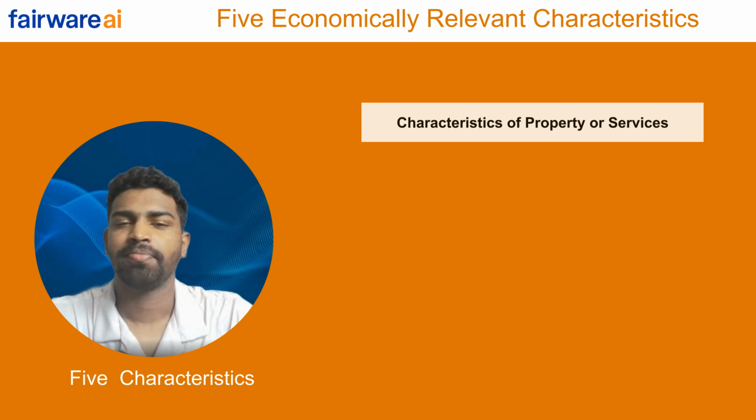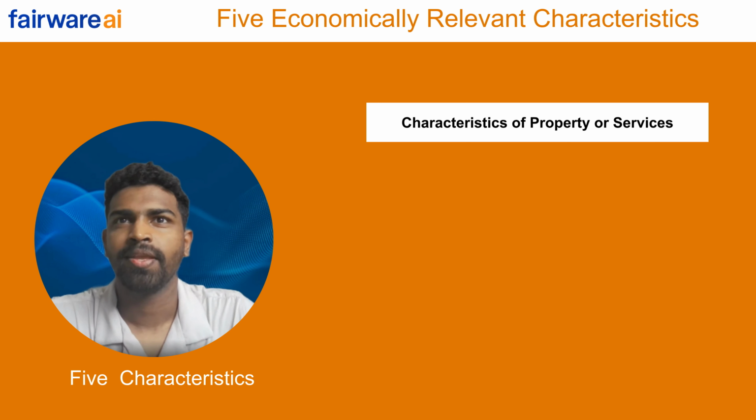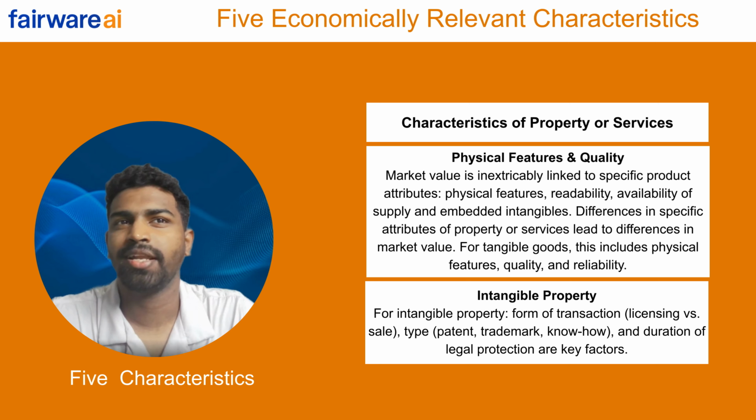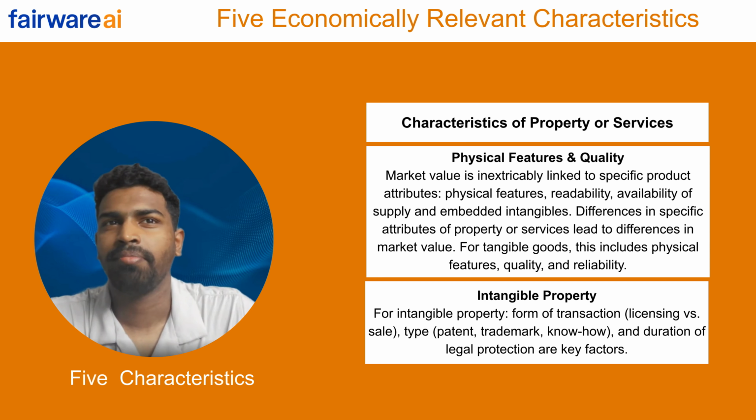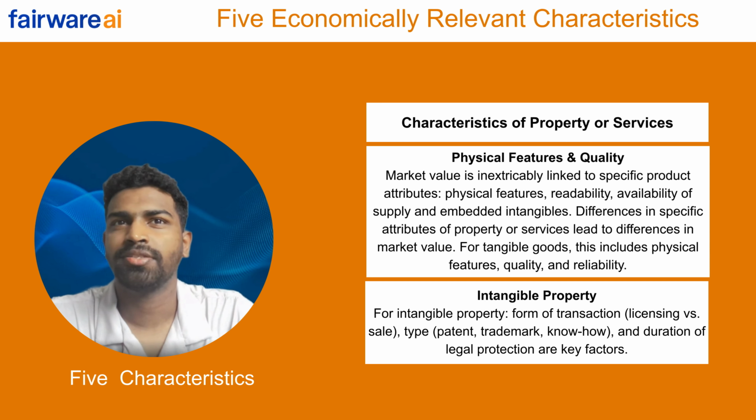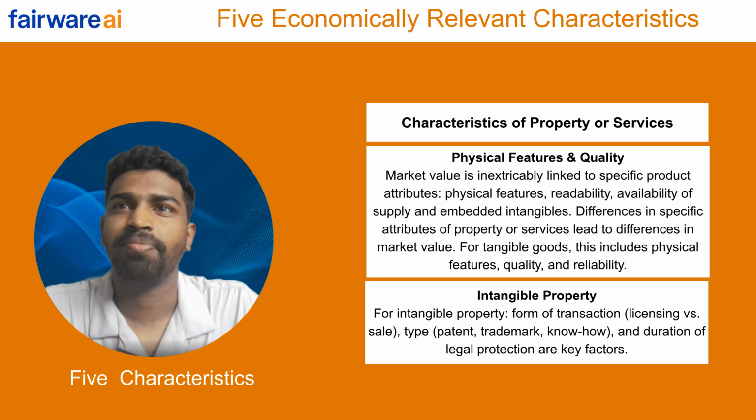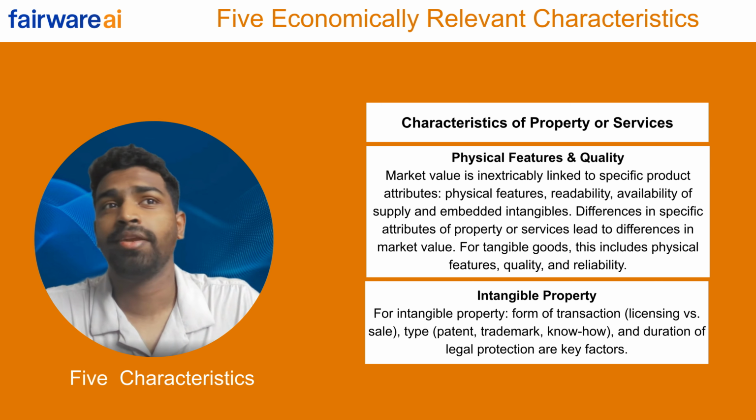Absolutely. So talking about the third factor, the specific nature of the property or service being transferred. This includes physical features, quantity, quality, or intangibles like brand names. Independent parties in the real market place different prices for different quality. You cannot compare a generic product to a high-end branded one.